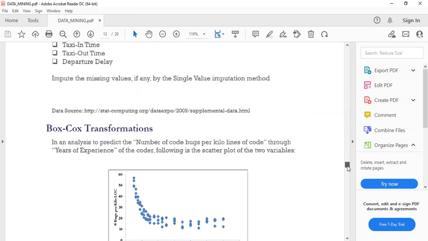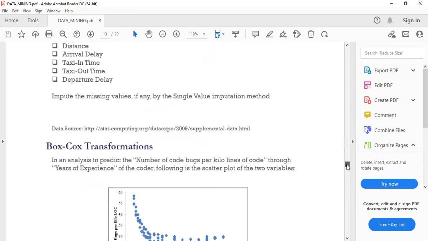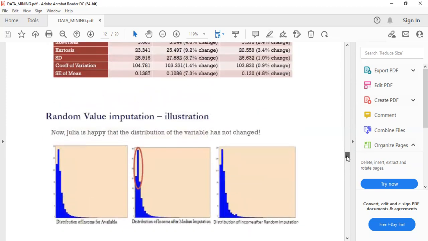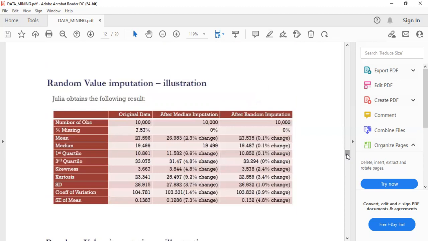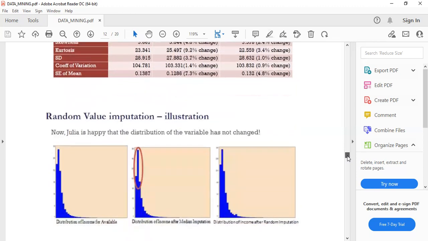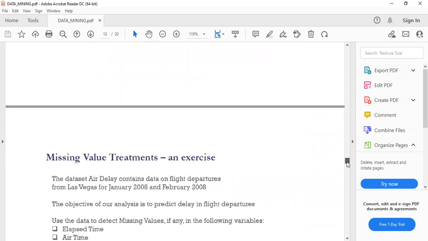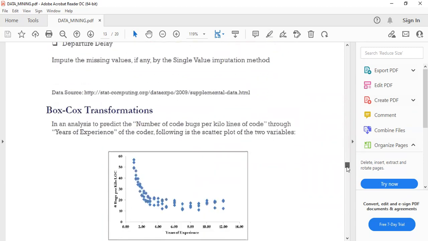So, in order to deal with such data, where after imputing the median or some random number on your missing values you are still getting a right tail distribution or left tail distribution, then you have to go with the Box-Cox transformations.